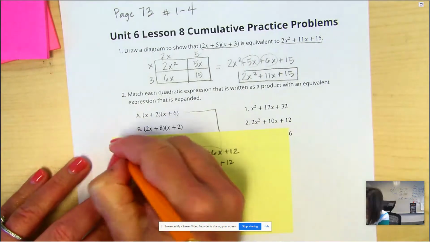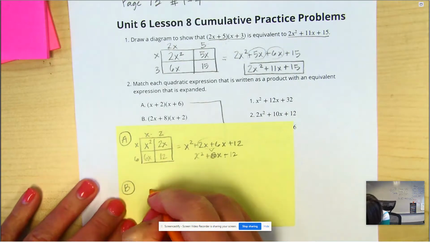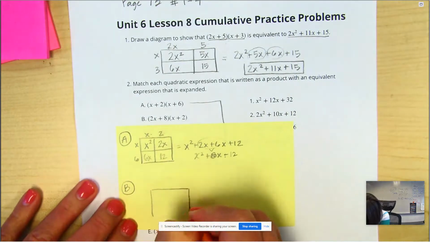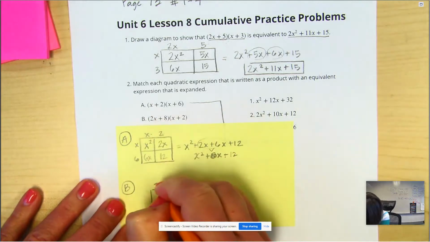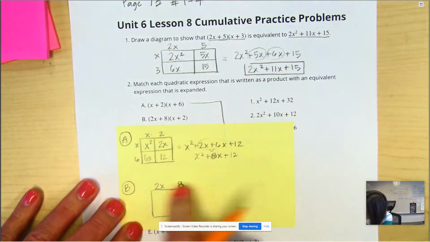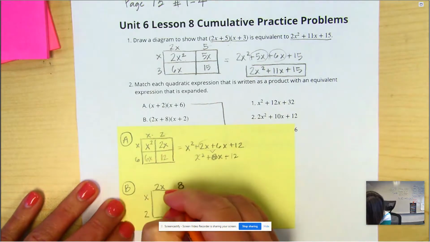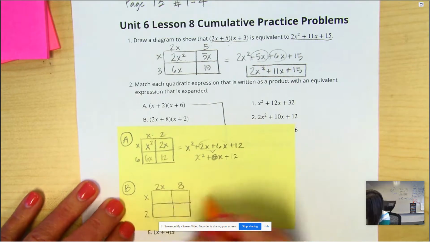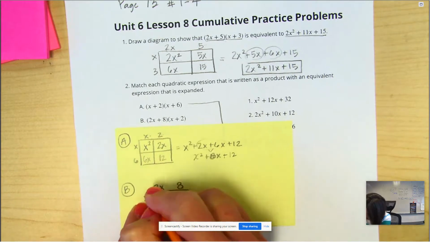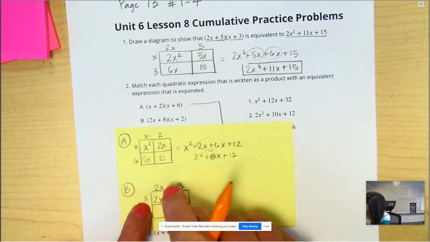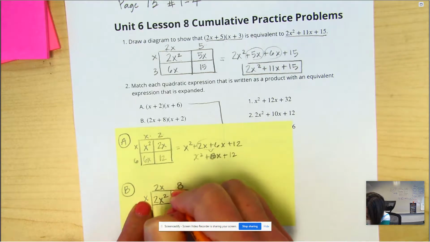Okay, let's try B. That was A. Okay, so B, I'm going to take those 2 pieces, 2x plus 8. And it doesn't matter which side you write it along. It does not matter. X and 2. Okay. A 2x times a 1x is a 2x to the second power because we have an x times an x. An 8 times an x is just an 8x.